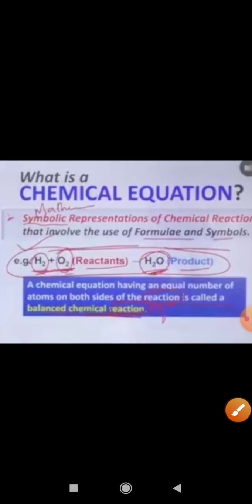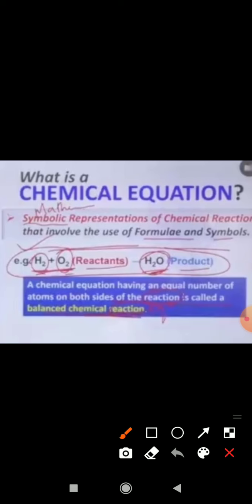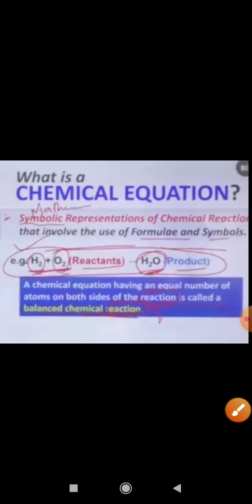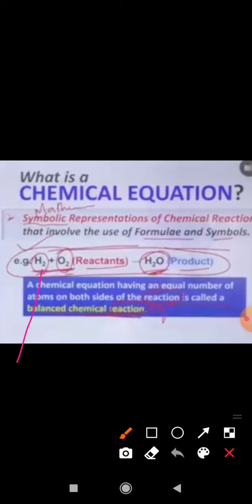It gives a very clear idea and is easy to write and easy to understand. Here they can say hydrogen reacts with oxygen to form water, but in the equation they show hydrogen H2 plus O2 forms H2O. It is a symbolic representation. So this is known as a chemical equation.